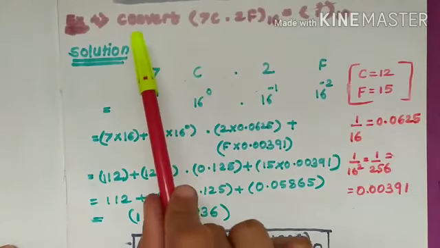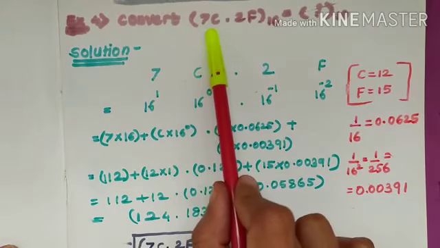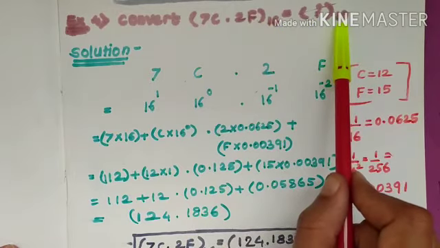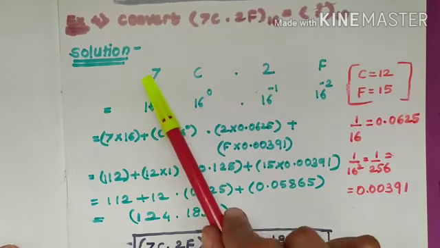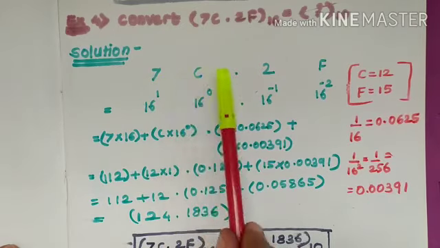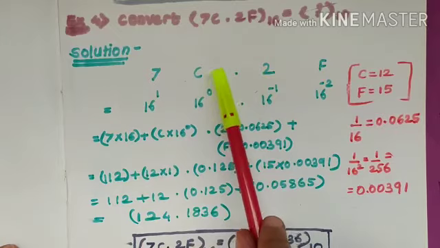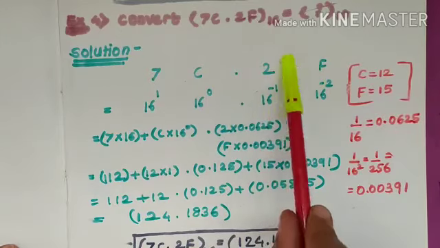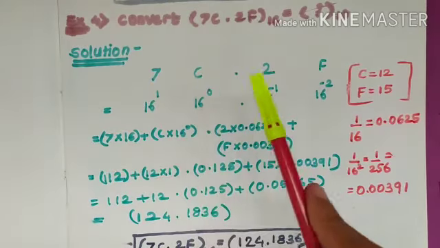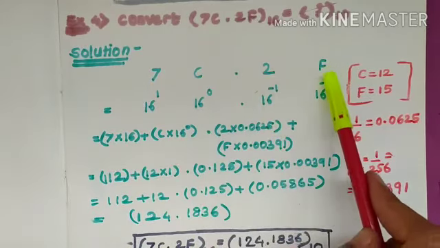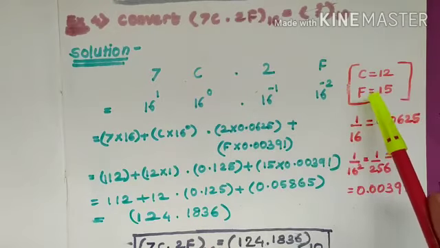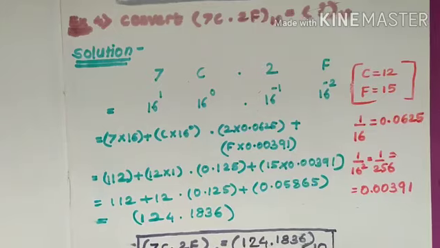Now if we have to convert the 7C.2F hex number into decimal, then we have to solve it in this way, by writing the integer digits and the fractional digits separately. See here, 7C.2F. Here we know that C is equal to 12 while F is equal to 15 in the hex number system.